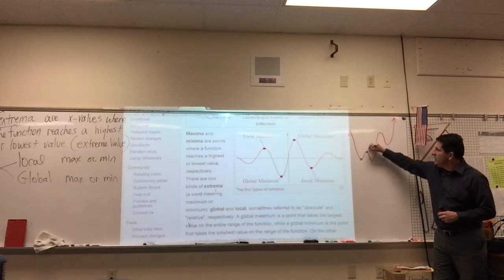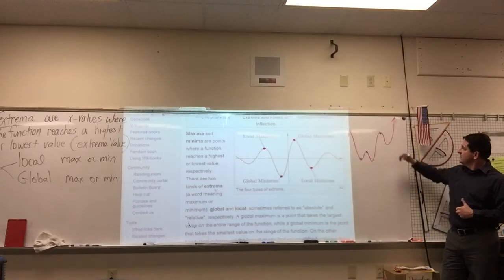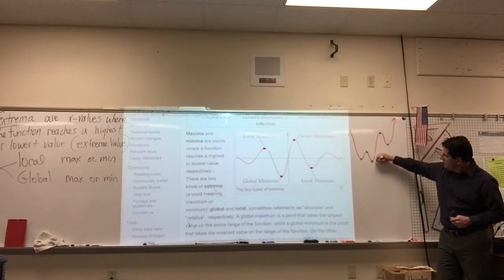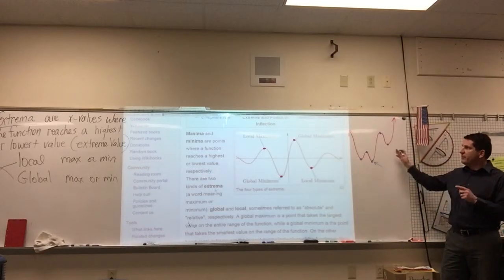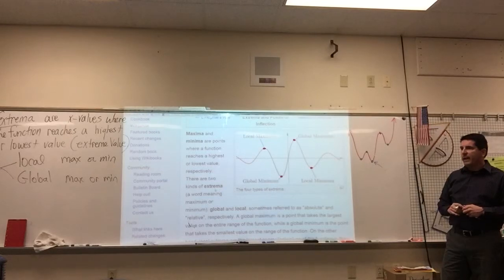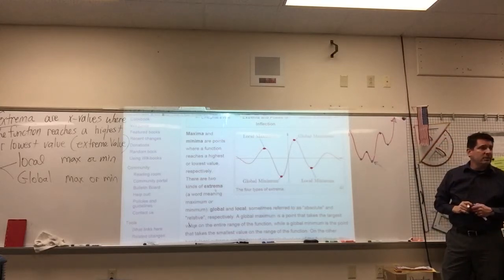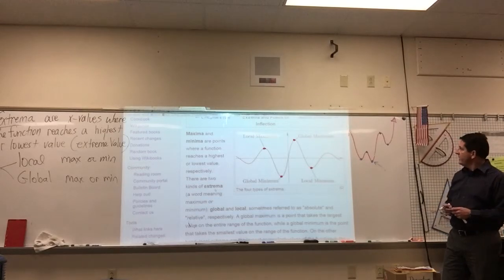This is a local max. This is a local max. This is a local min. This one is the global min. And this graph has no global max. Because you can't put a cap on the end of the function. You can't say, this is the highest value. Because there isn't one. It goes on infinitely.